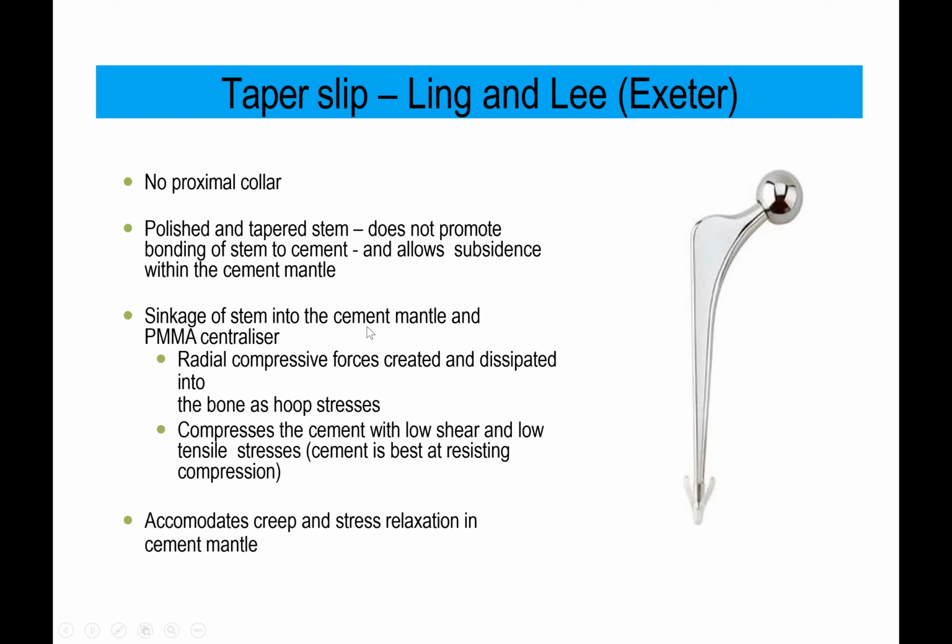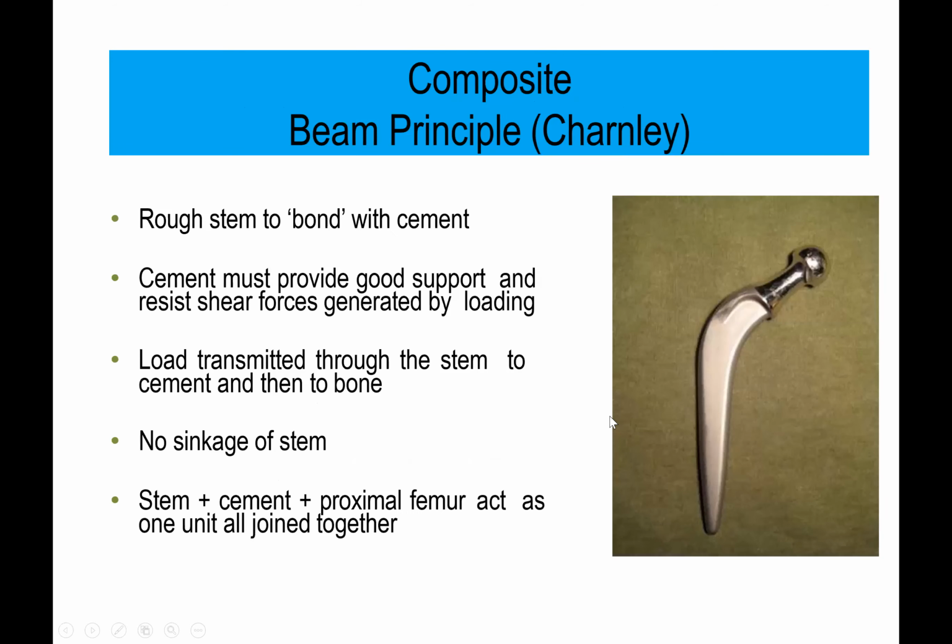The sinkage of the stem into the cement, what does it do? It causes radial compression, which is converted into hoop stresses, which invariably stabilizes the implant. It compresses the cement with low shear and low tensile stress, and accommodates creep and stress relaxation. The second implant is the Charnley implant, which has 3 or 4 generations, but the most successful was the first one Charnley designed.